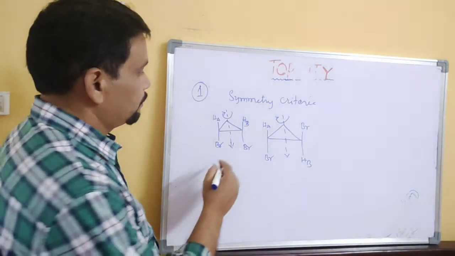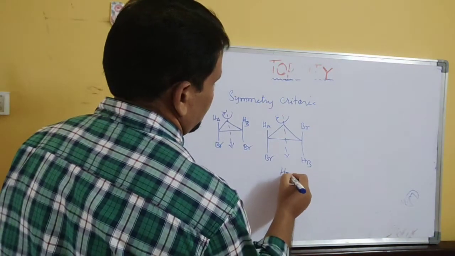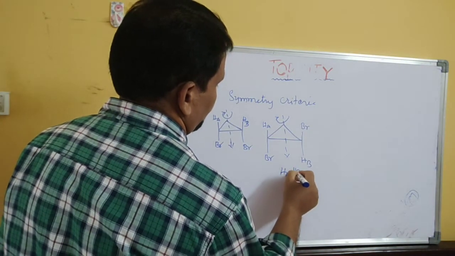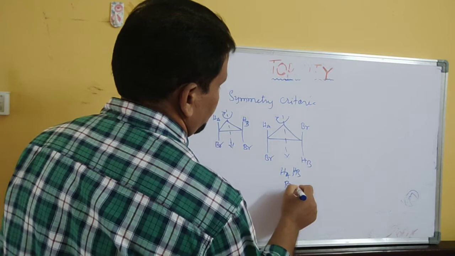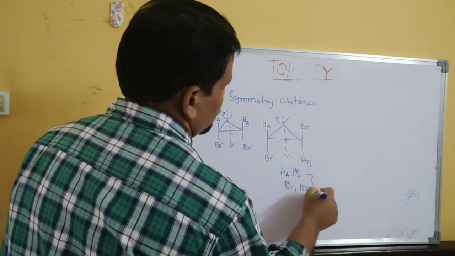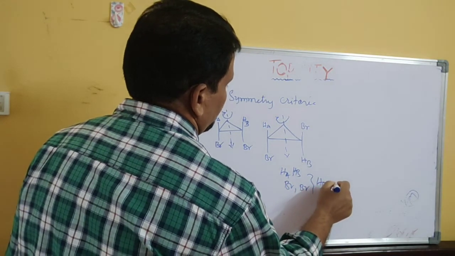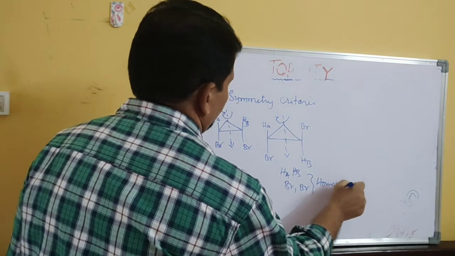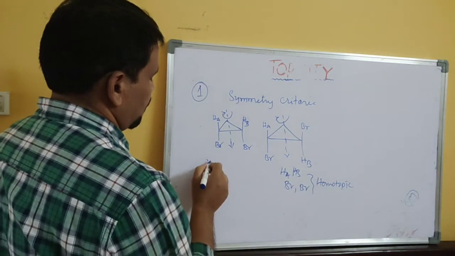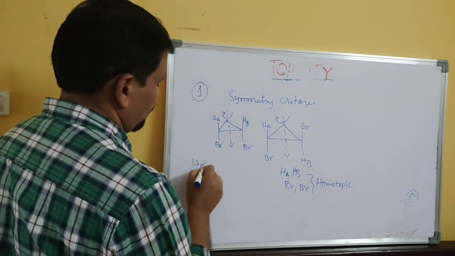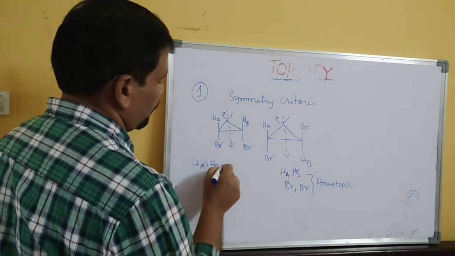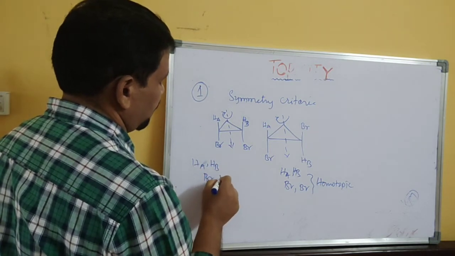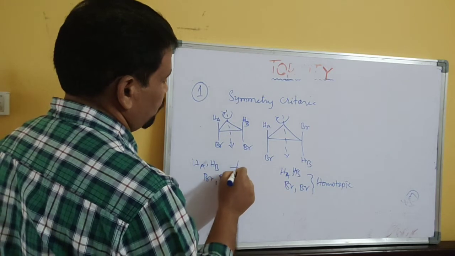So they can be interchangeable or interconvertible. Therefore, this HA and HB and Br is homotopic, whereas here HA, HB, Br and Br are not homotopic.